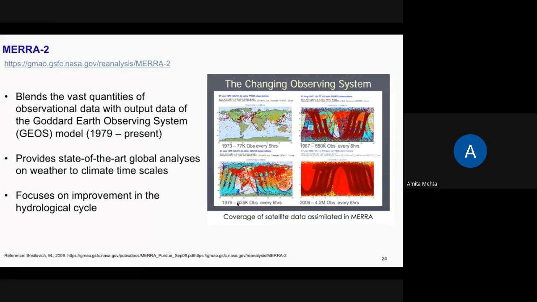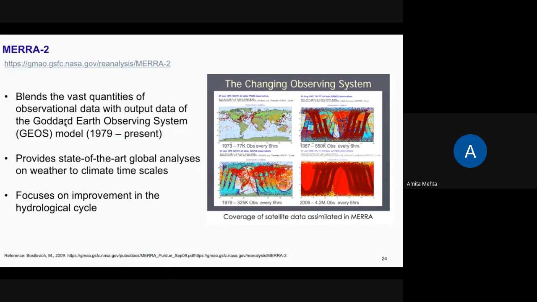As you move to 79, polar orbiting satellites started coming up. There were also geostationary satellites over the US, and they started assimilating those data. Then in 87, there are more observations. And now, from 2006 to present, almost the entire Earth is covered with a lot of satellite data. So these data are assimilated.